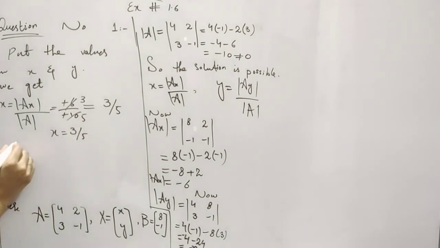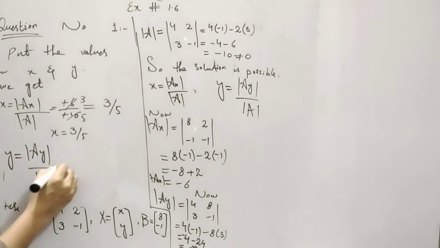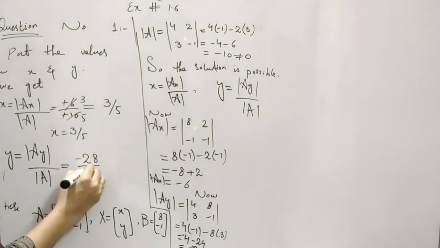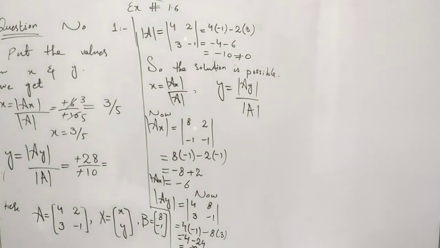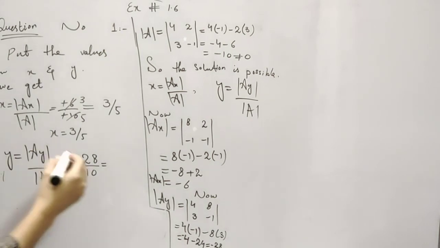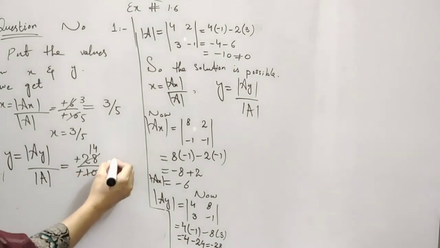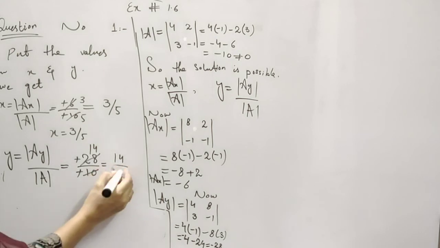Now we will find the value of y, which is equal to the determinant of A_y over the determinant of A, which is minus 28 over minus 10. Minus cancels by minus, so 14 twos are 28 and 2 fives are 10, so the answer is 14 by 5.